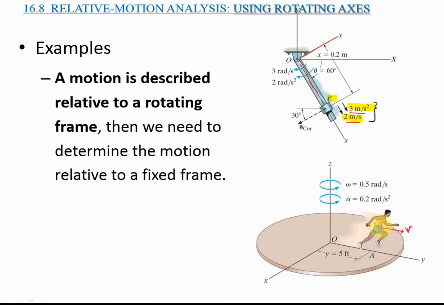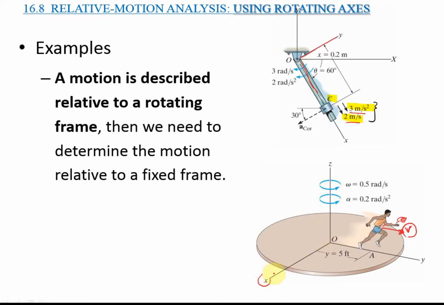It could be in different directions. However, because you're standing on the surface of this disk, you only know the velocity of going out, right? So this velocity is expressed relative to a rotating frame if you fix a frame onto the disk.